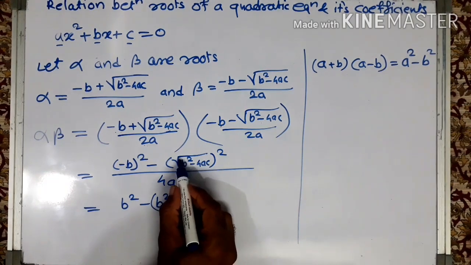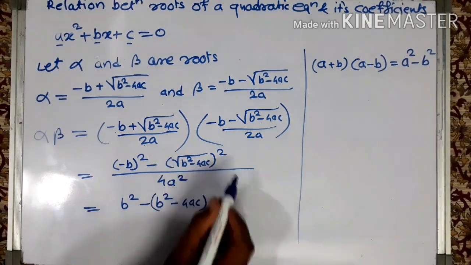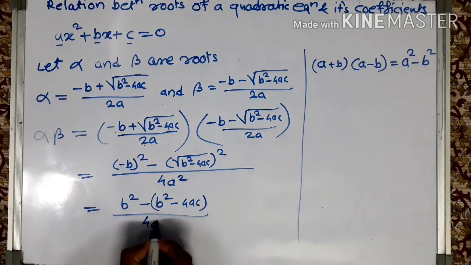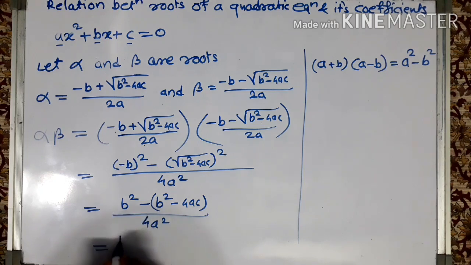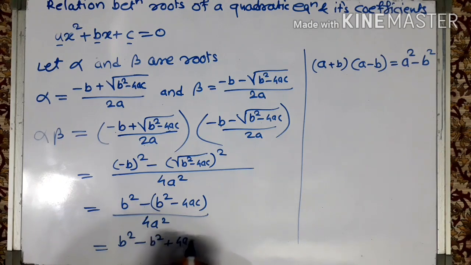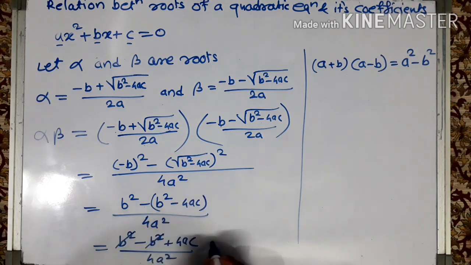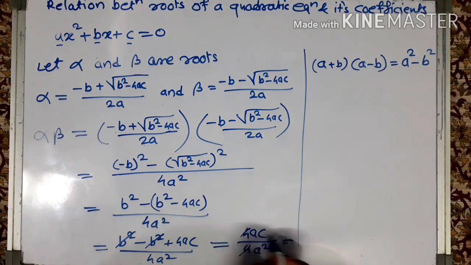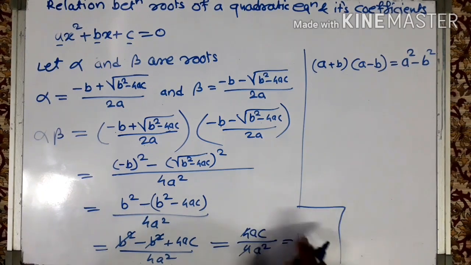Since b square minus 4ac is the square of its root, the root gets eliminated, upon 4a square. When we open that bracket by multiplying the negative sign, minus into plus is minus b square, minus into minus is plus 4ac, upon 4a square. b square gets cancelled, 4ac upon 4a square. 4 cancelled, a is also cancelled, here c upon a.